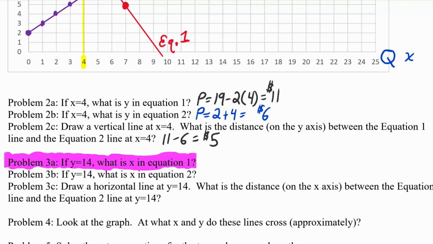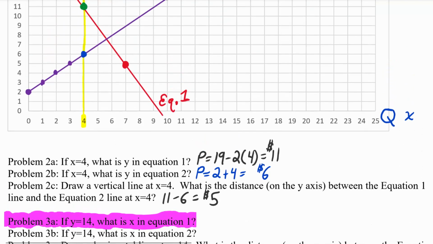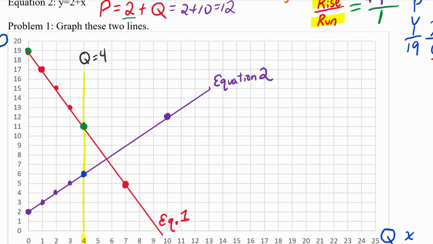Let's go up and look at our graph, and let's draw that line at a price of $14. So here's $14 on the y-axis. And let's draw, say, a green line all the way across here at $14, and we'll see what we can learn.